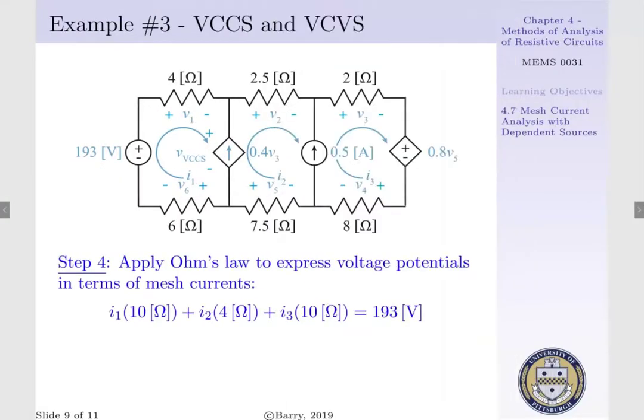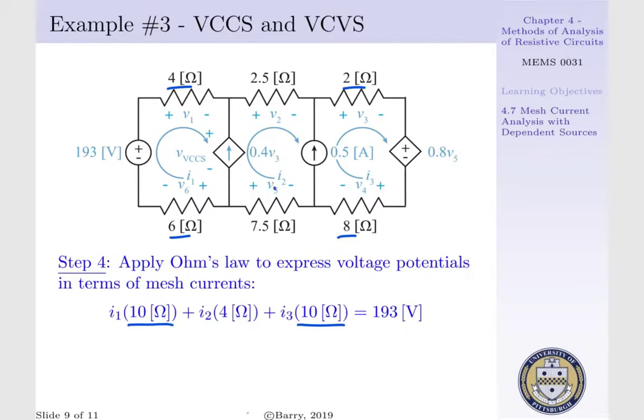And we would have the following: 10I1 plus 4I2 plus 10I3 is equal to 193. From our KVL equation, we saw that I1 runs through our 4 and 6 ohm resistor, such that we have 10 ohms times I1. Additionally, we saw that I3 runs between our 2 and 8 ohm resistor, such that we have 10 ohms times I3.